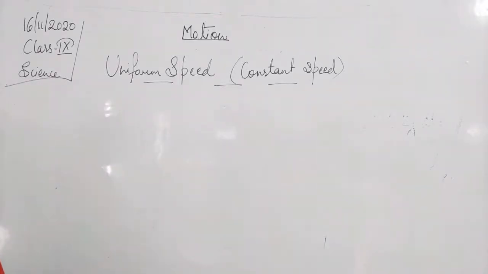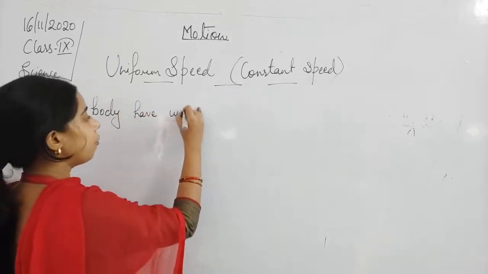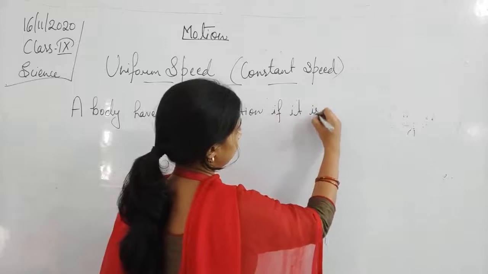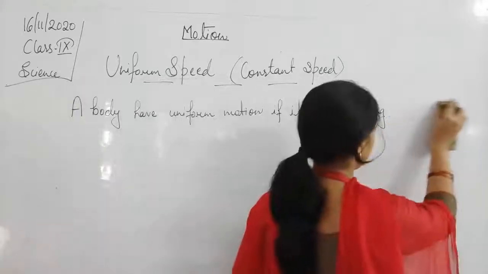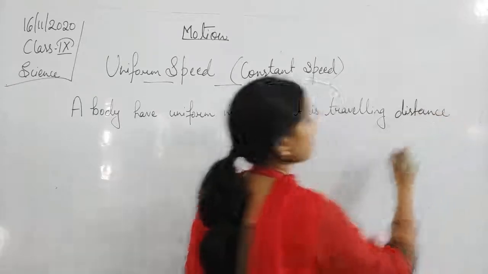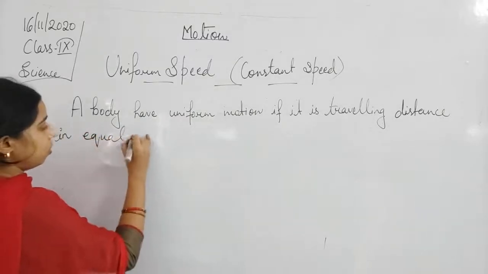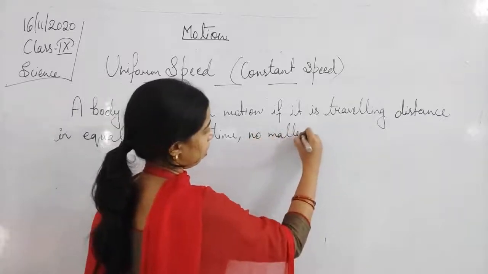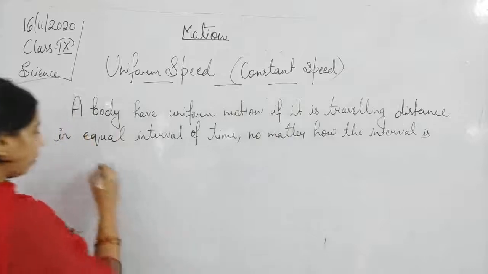Okay, so first of all, let me write the definition. A body has uniform motion if it is traveling equal distance in equal interval of time, no matter how small the interval is.